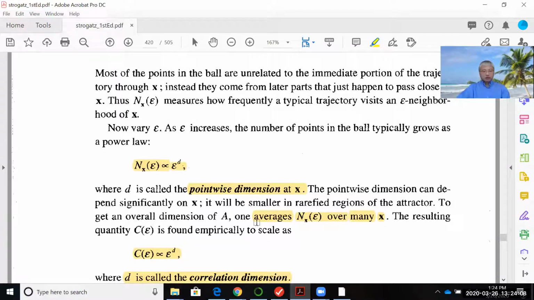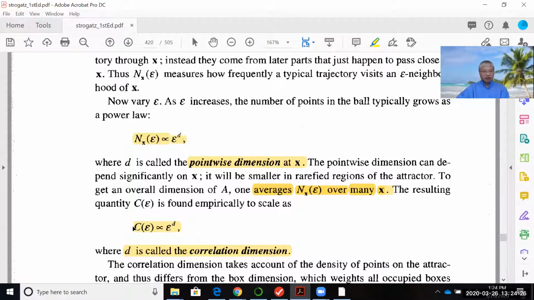So what we do is we average over all different x. Then we get a dimension d which no longer depends on which x we choose, if we take a sufficient number of x to average over. The scaling no longer depends on what x we choose.